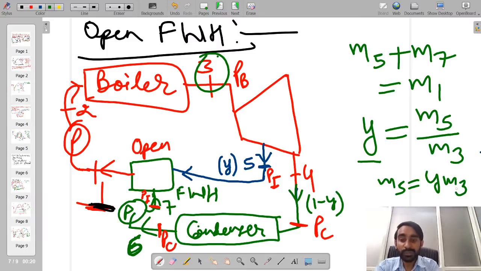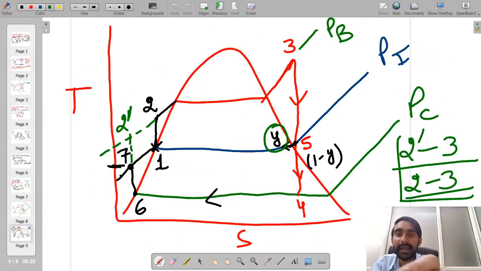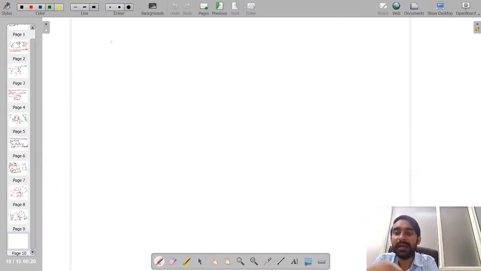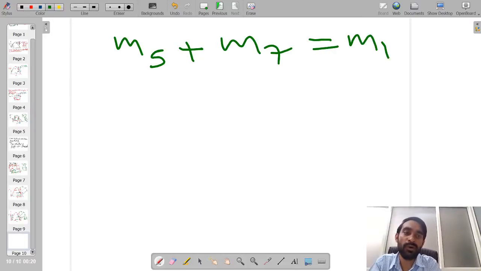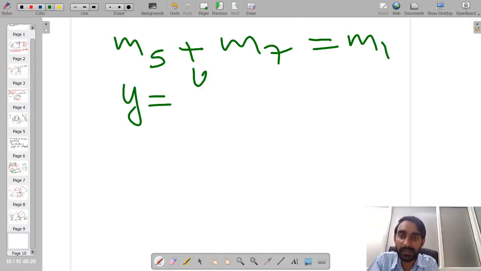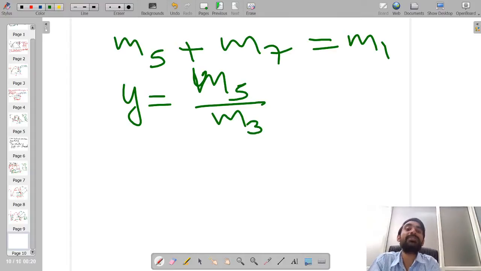Okay, so if I write the conservation of mass, as I have told already, m5 plus m7 equals m1. This I have got across the open feed water heater, and at the same time I have defined the fraction as the mass at point number 5 divided by the total mass coming at the inlet.